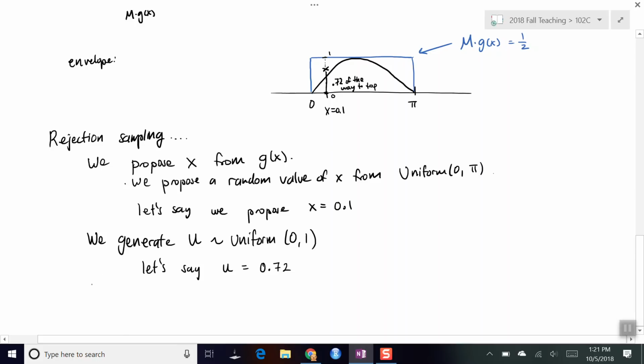Okay, and we will accept the proposed x if u is less than or equal to f of x divided by m times g of x.